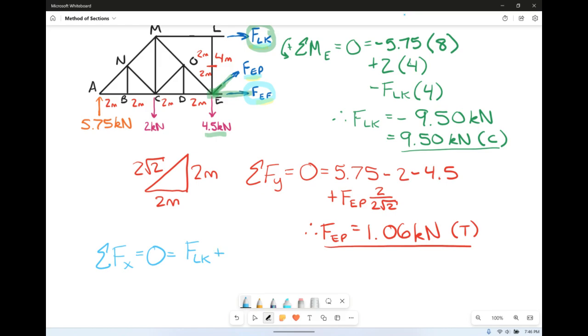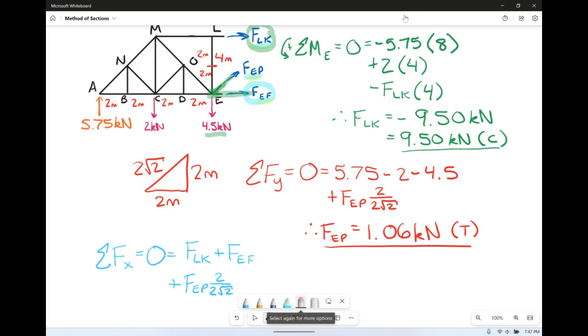And then we also have force EF. And then we also have all of these in the same direction. Right, we have force EP, but we need the horizontal component, and the horizontal component is also going to be 2 over 2 square roots of 2.